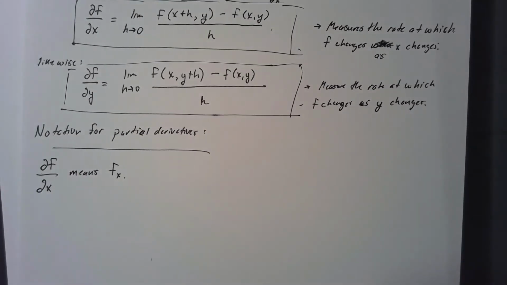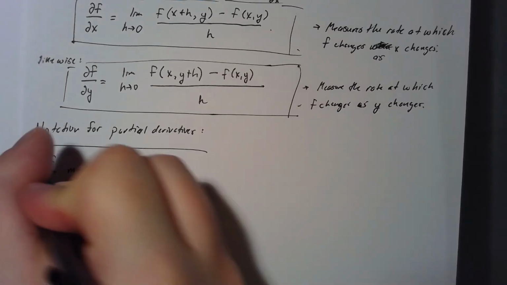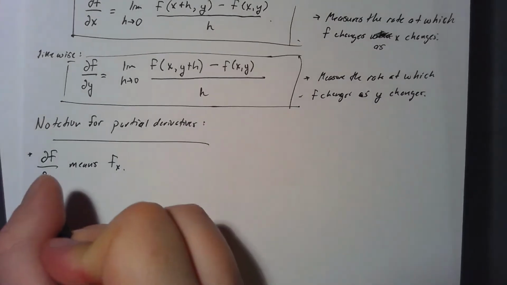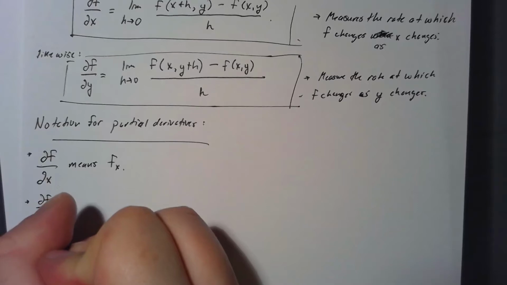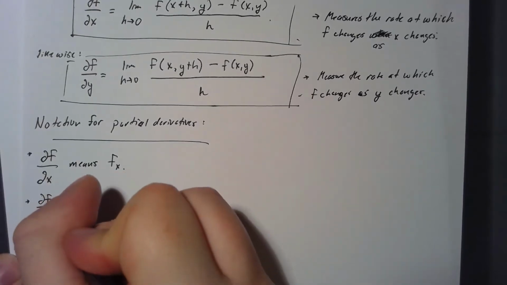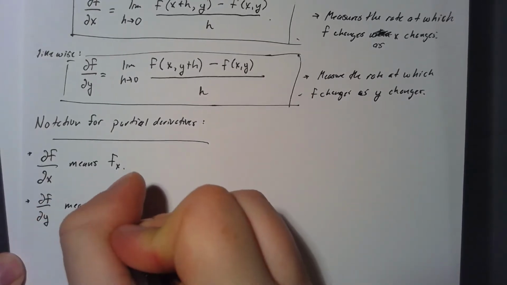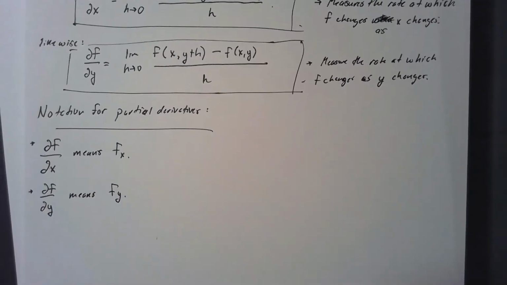That's perfectly fine. Another case is if I have df dy, that means f with a subscript of y as well. Either one of those is perfectly fine.